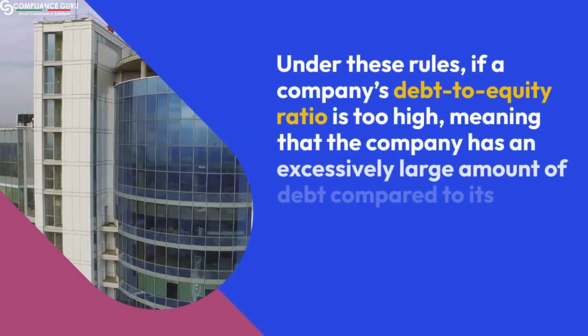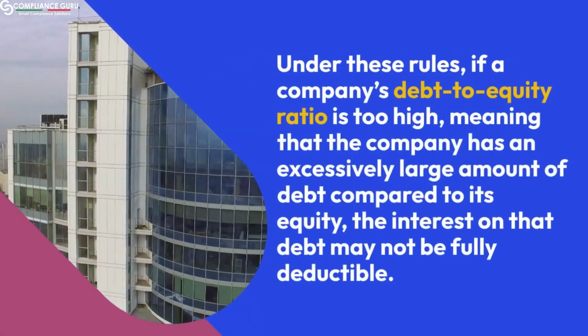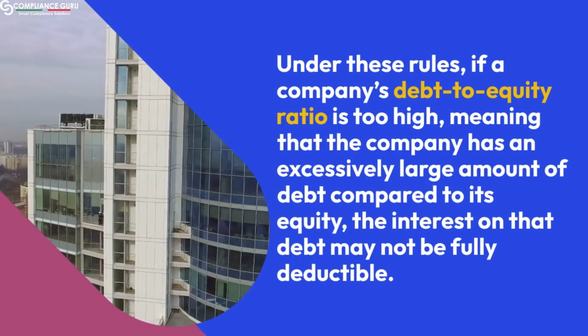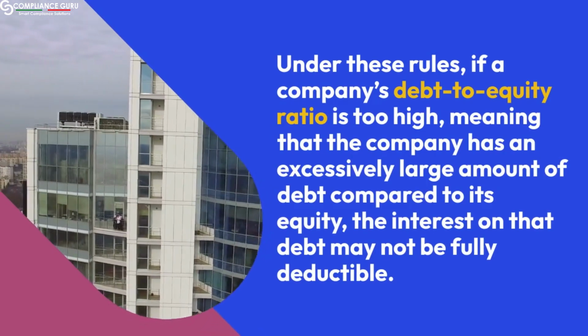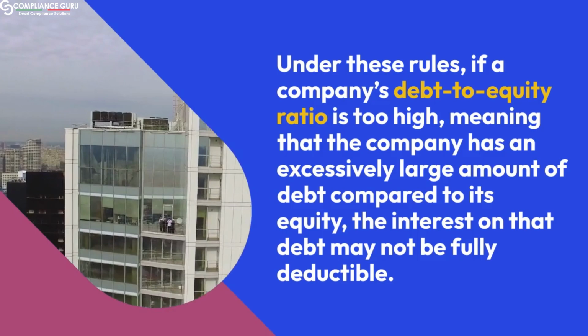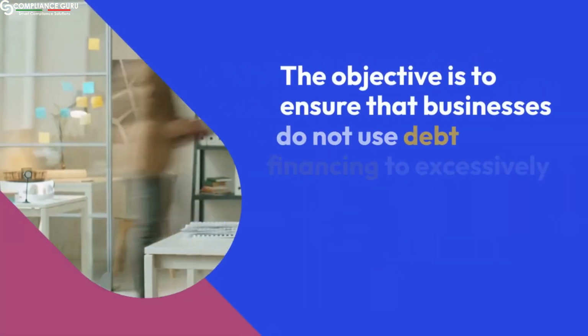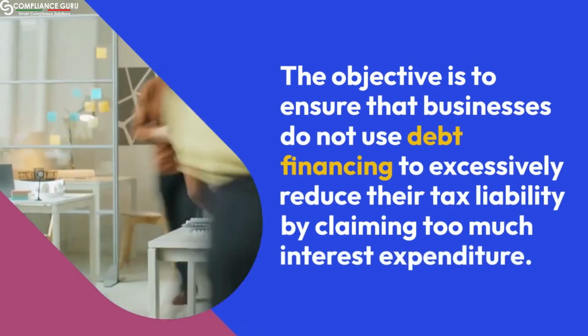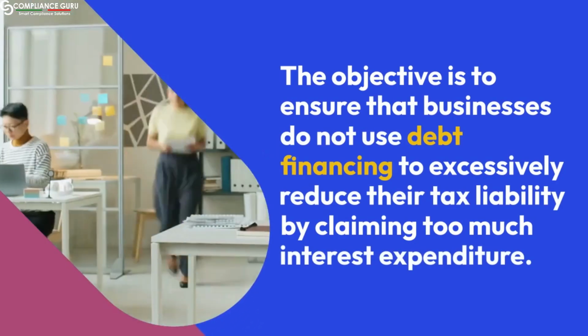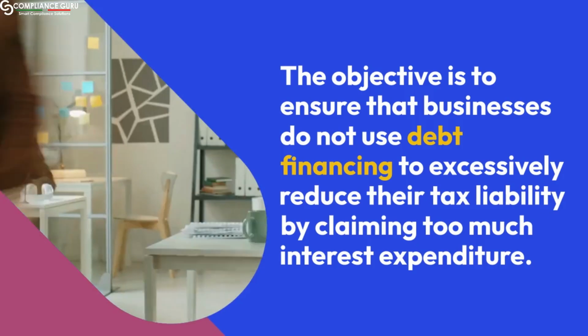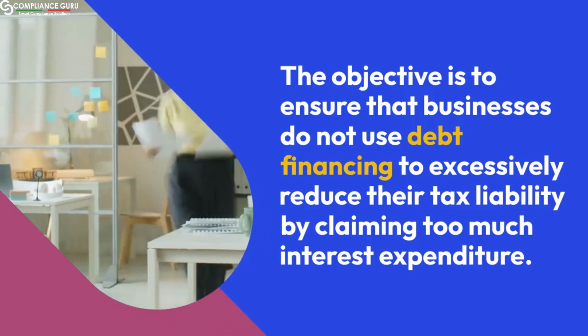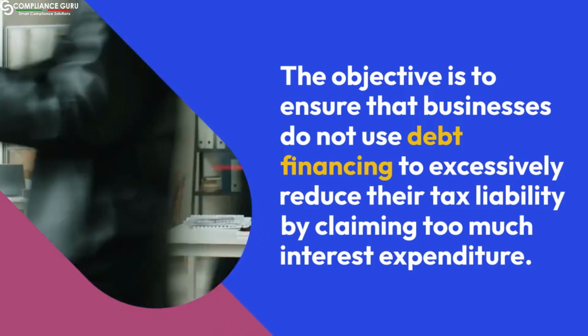Under these rules, if a company's debt-to-equity ratio is too high, meaning that the company has an excessively large amount of debt compared to its equity, the interest on that debt may not be fully deductible. The objective is to ensure that businesses do not use debt financing to excessively reduce their tax liability by claiming too much interest expenditure.